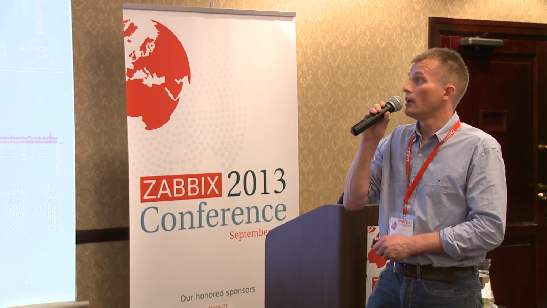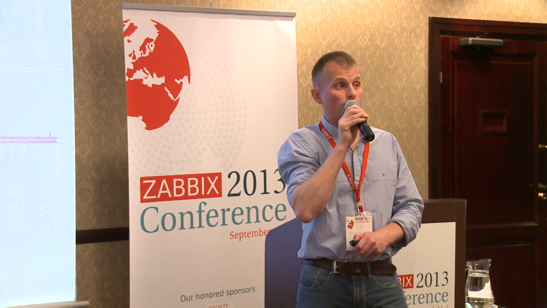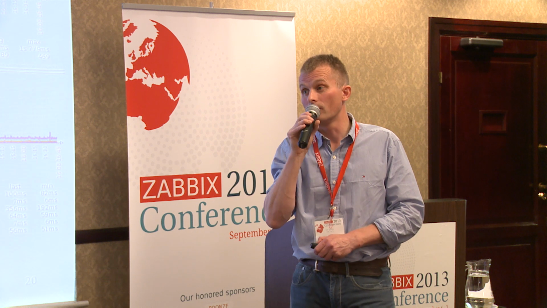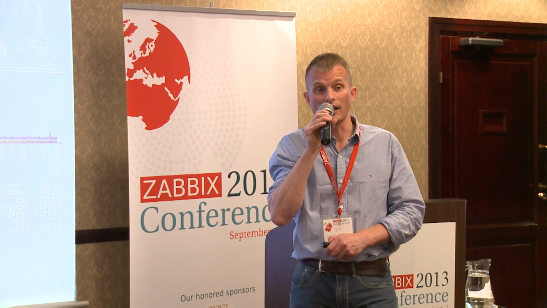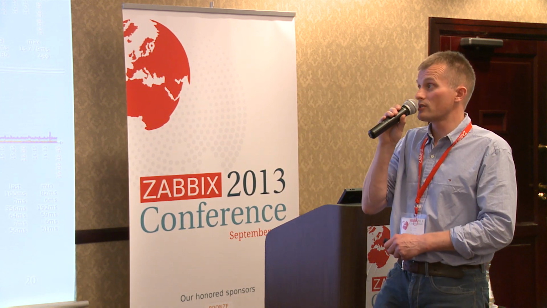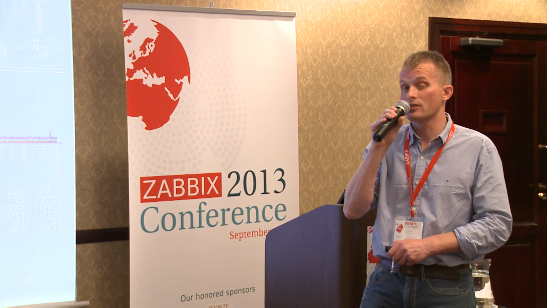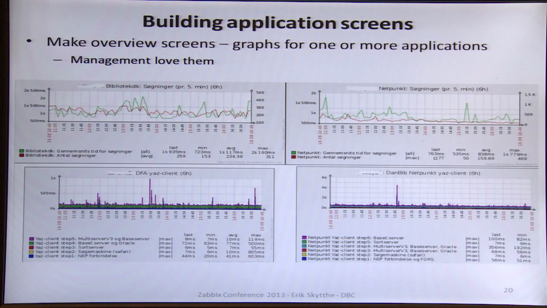And I think if you're trying to put Zabbix into an environment and you're competing against Nagios and something like that, don't focus on infrastructure things. Focus on trying to get data out of your main systems. What I'm doing here is just taking some data out of some log files.